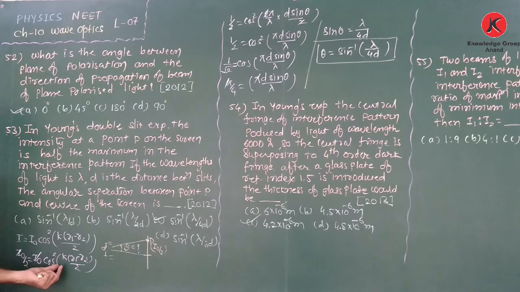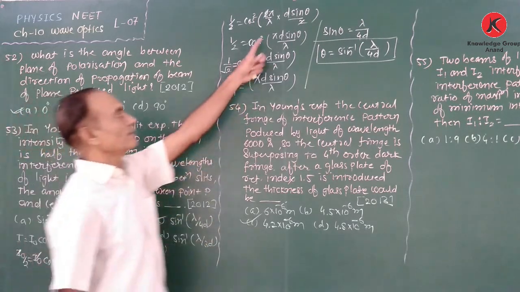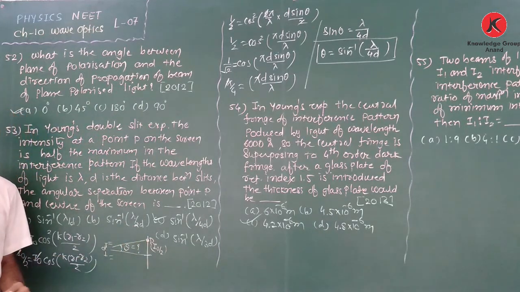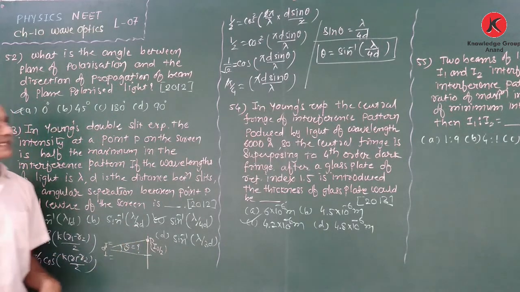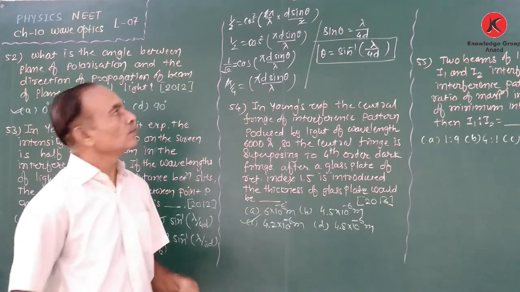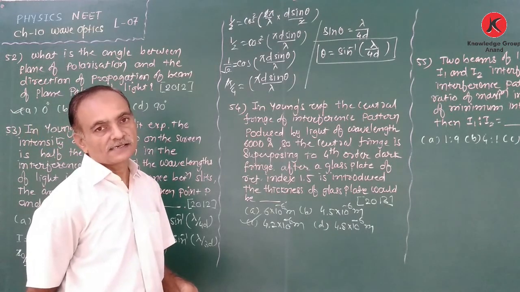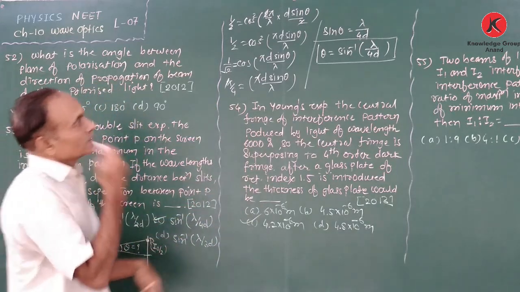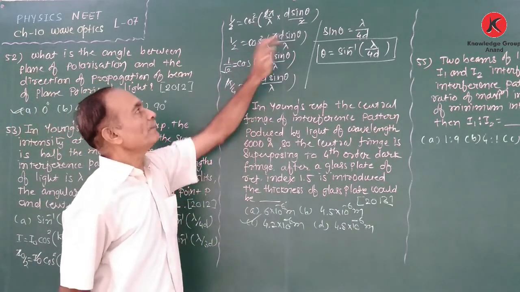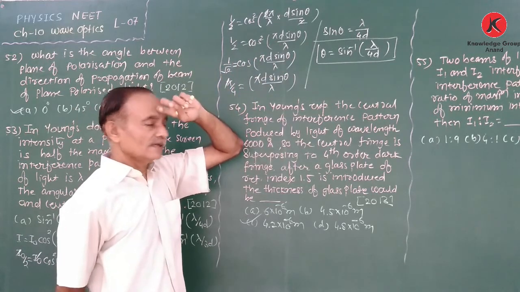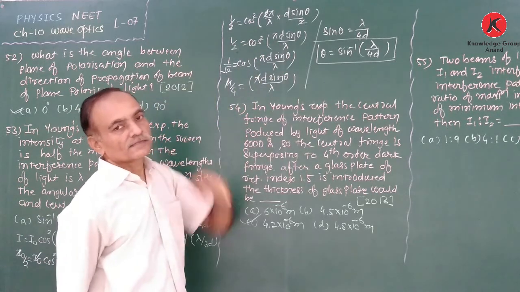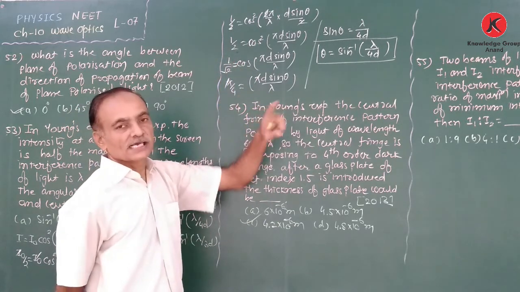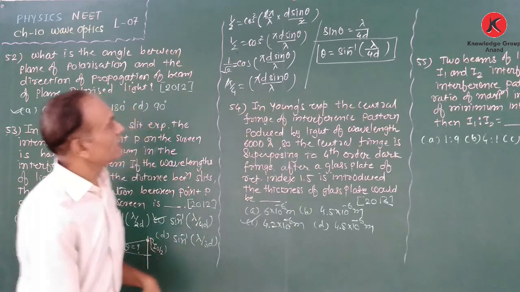Now k, the wave vector, has value 2 pi upon lambda. R1 minus R2 is the path difference at point P, which is d sin theta upon 2. Substituting, the 2 cancels, only pi d sin theta upon lambda remains. Taking the square root, 1 upon root 2 is equal to cos of pi d sin theta upon lambda.